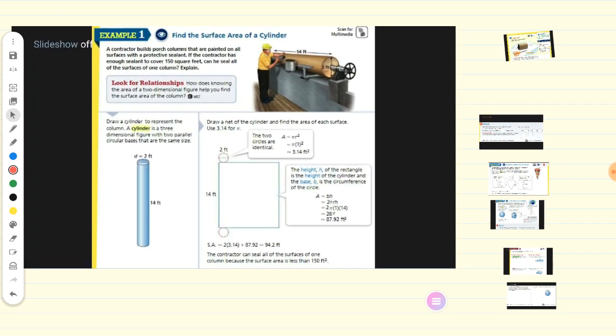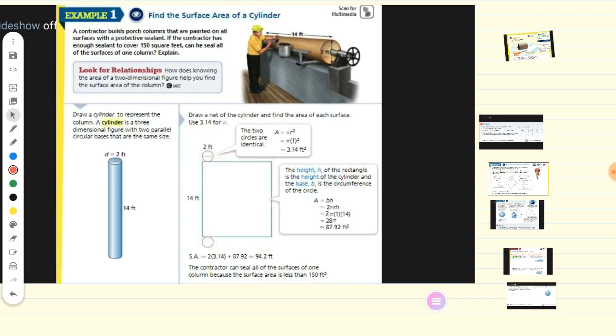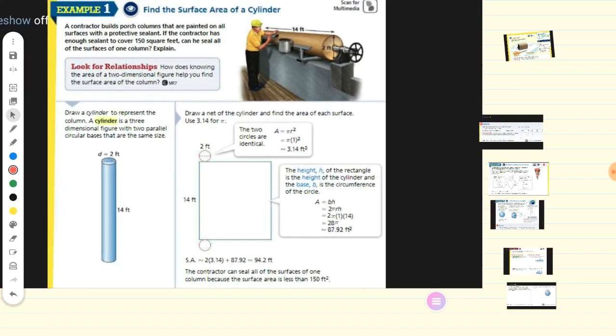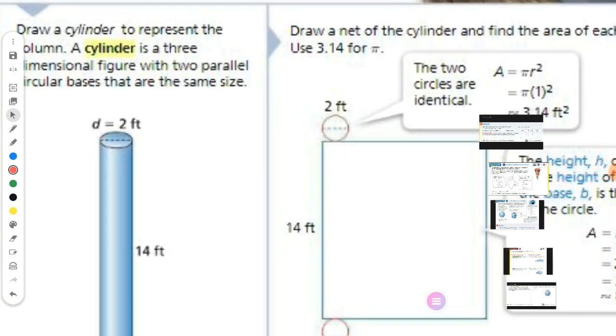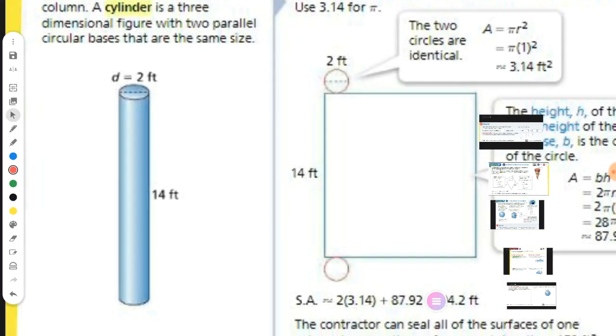He asked for the surface area of this cylinder. First, I will solve it by my rule. Now you save the rule: surface area equals 2 pi r multiplied by (r plus h).